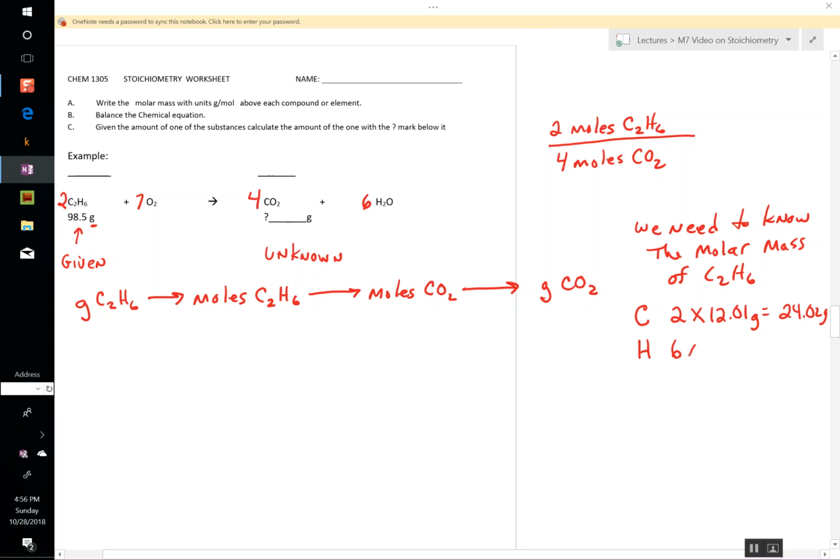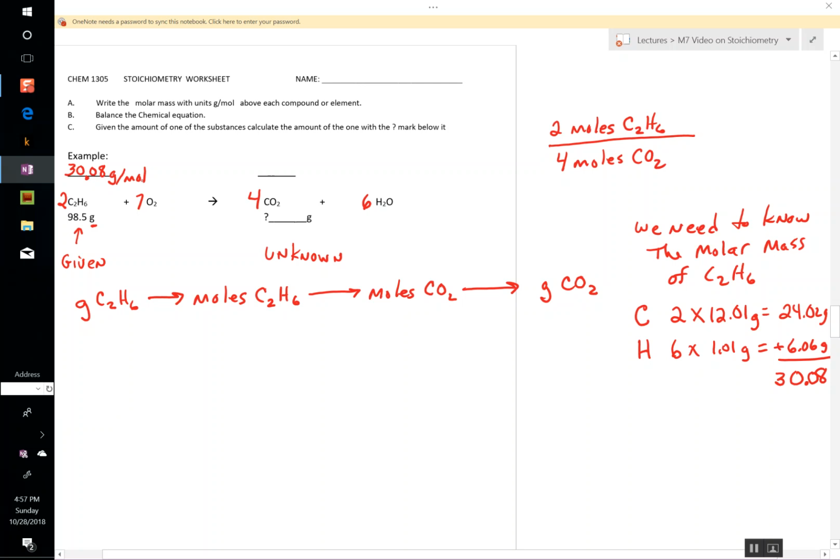Hydrogen, we've got 6 of them, and 1 mole of hydrogen is 1.01 grams. So 6 moles of it is going to be 6.06 grams. So 1 mole of C2H6 contains 2 moles of carbon and 6 moles of hydrogen. How much does all that stuff weigh? We add these 2 numbers up, and it weighs 30.08 grams per mole.